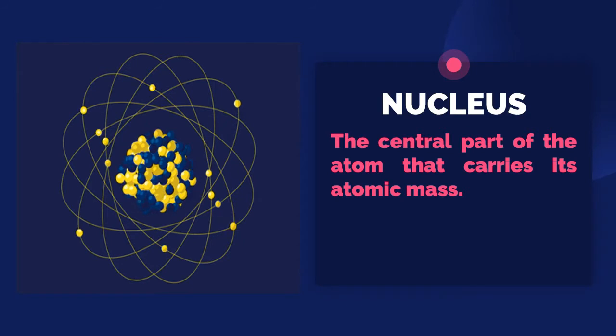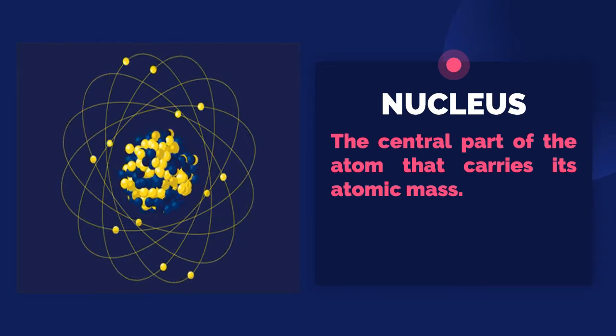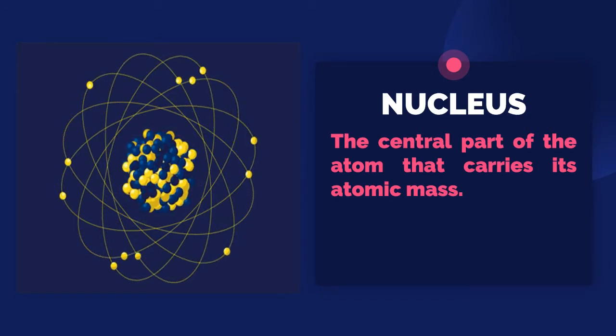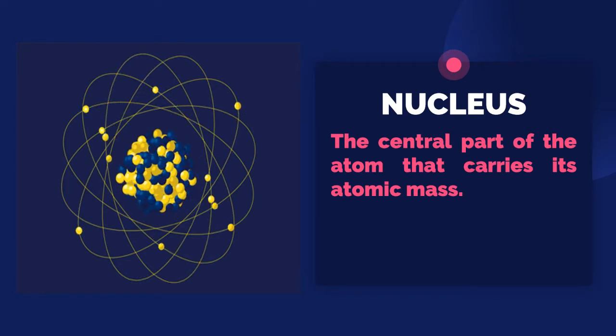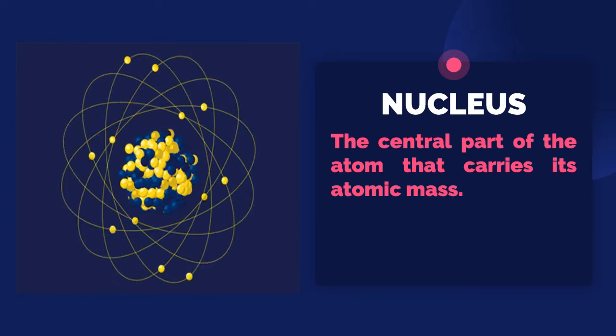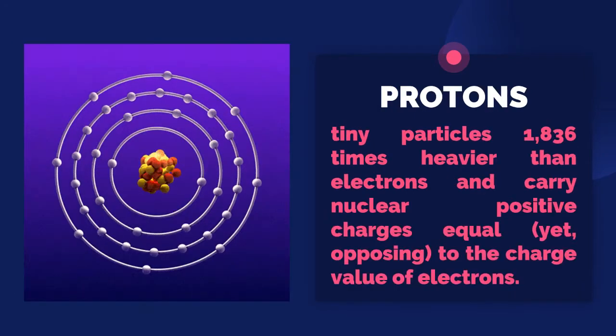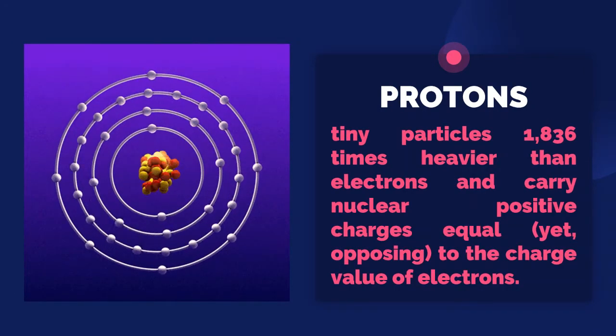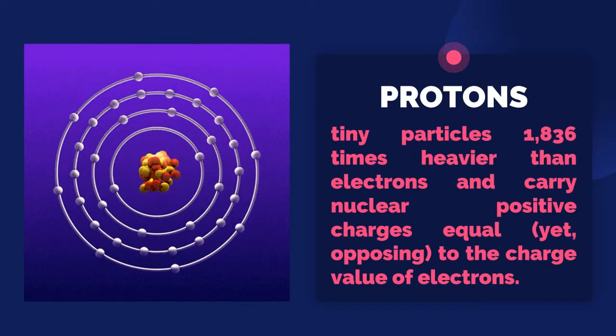Next one is what we call the nucleus, the central part of the atom that carries its atomic mass. In the nucleus, we have what we call protons, the positively charged particles.